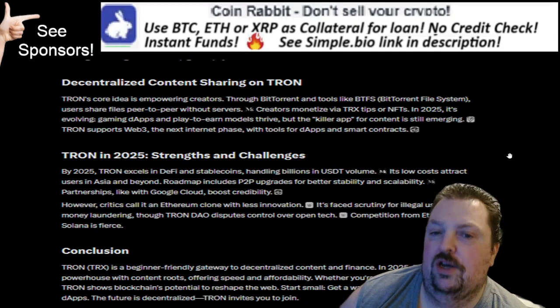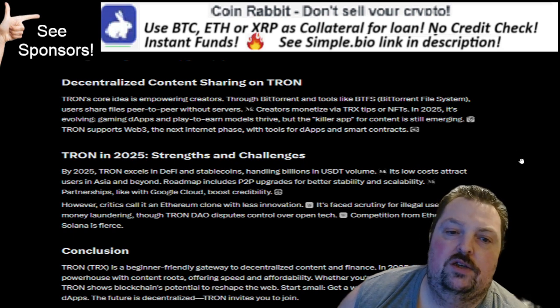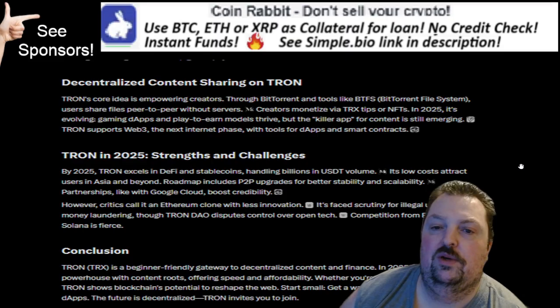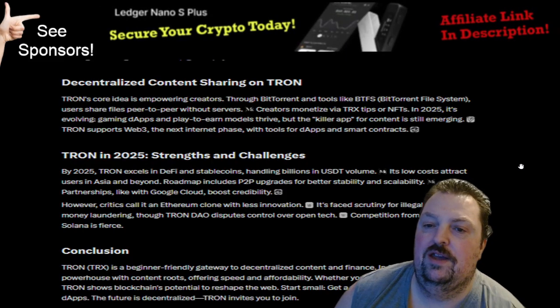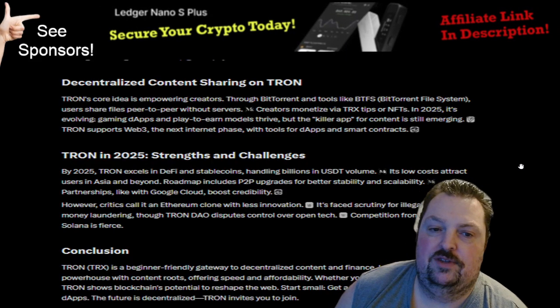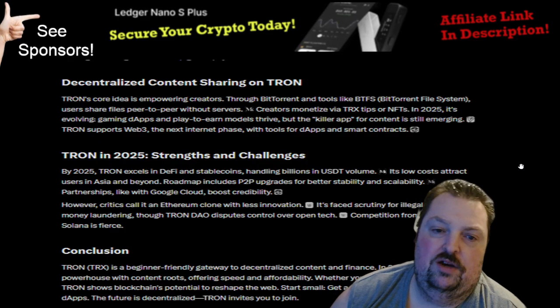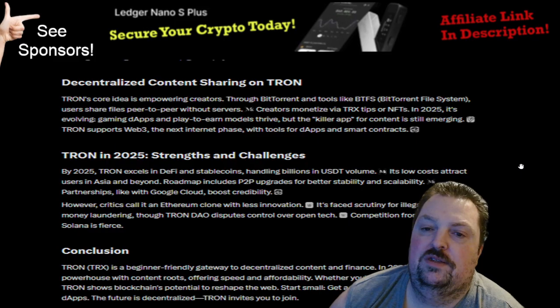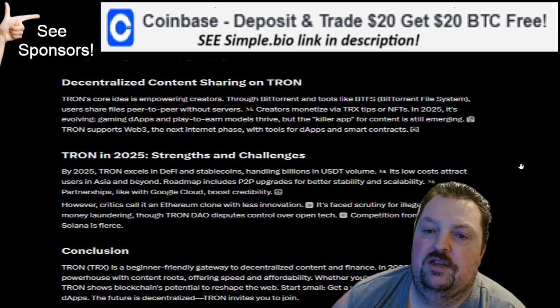Decentralized content sharing on TRON. TRON's core idea is empowering creators through BitTorrent and tools like BTFS, BitTorrent File System. Users share files peer-to-peer without servers. Creators monetize via TRX tips or NFTs.